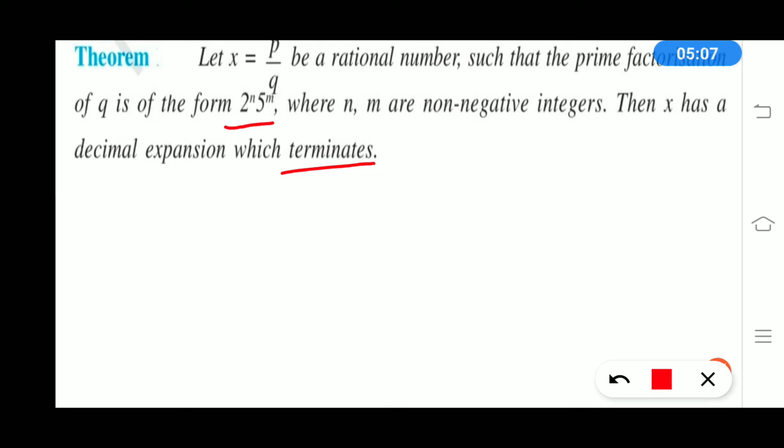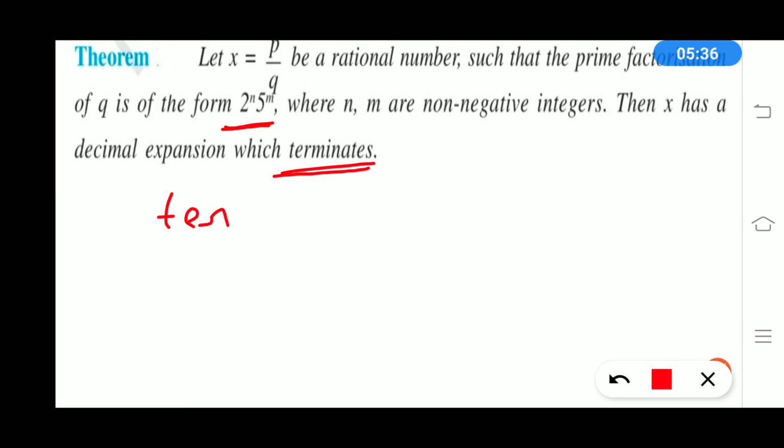But in this theorem, let x be a rational number and if the prime factorization of q is of the form 2 to the power n into 5 to the power m, then definitely this number terminates, whose decimal expansion terminates. Clear?